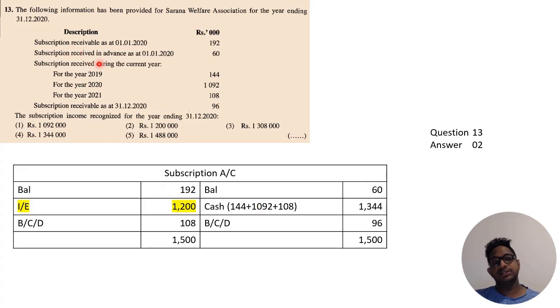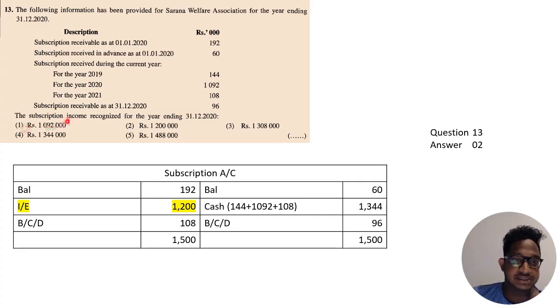And subscription received in advance as at opening date, it's a liability. So the liabilities opening balance should be on the credit side. And the total subscription received during the year, you should add these three together. So the cash received for the subscription is 1,344. So cash account debit, subscription account credit, right?